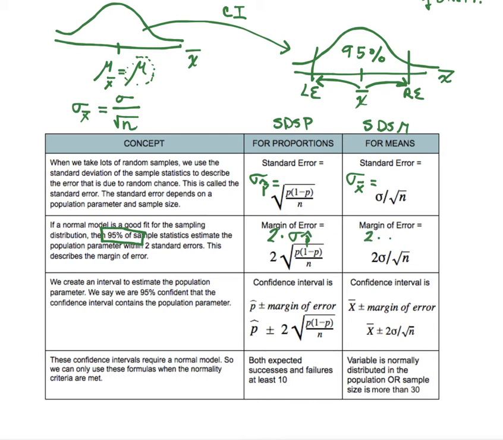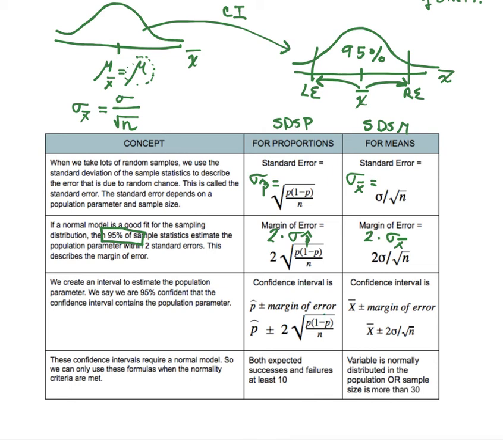So that is true for both means and proportions, but again, only when we're enclosing 95% of the area. And so down here, you have confirmation of this relationship between margin of error and standard error.